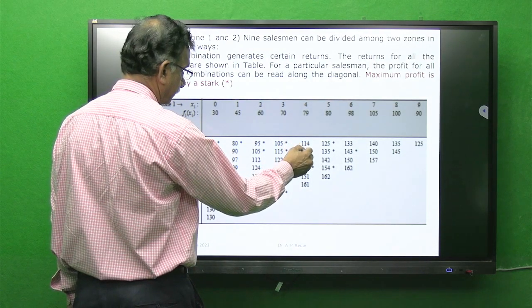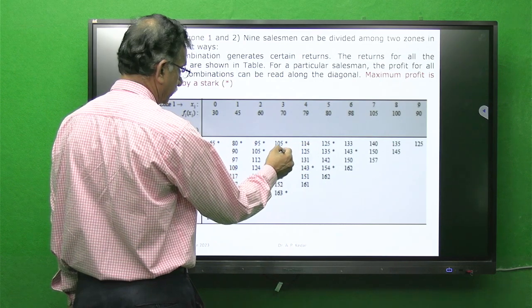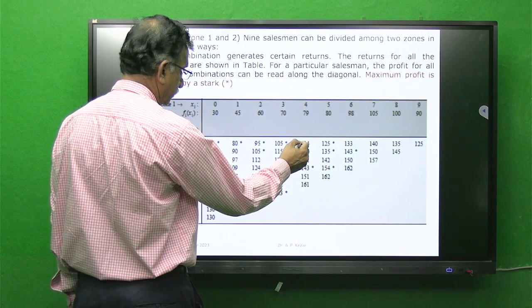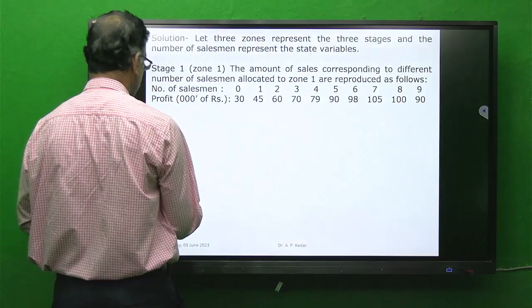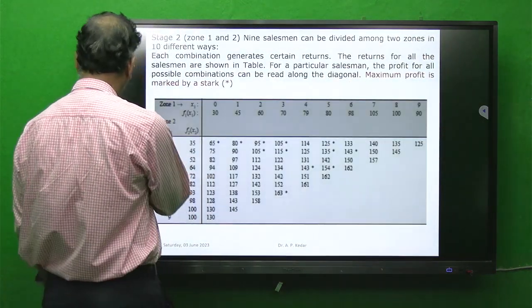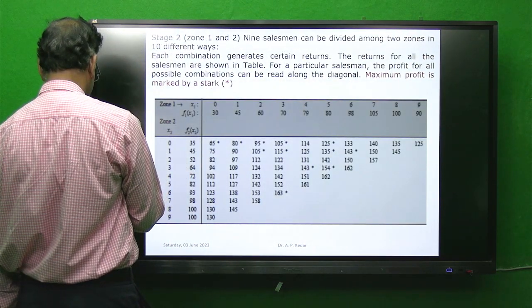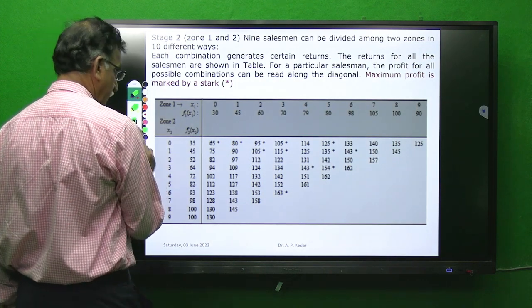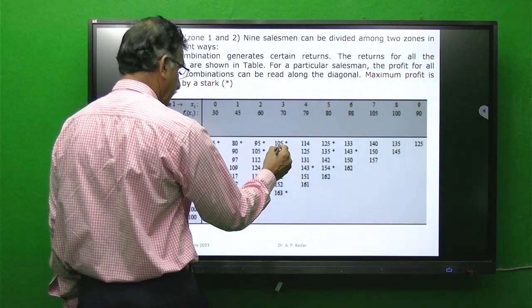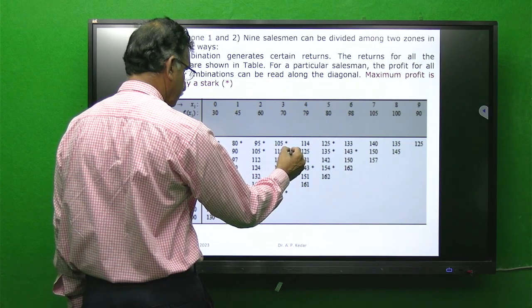For 4, this is your value. For 4, see, the diagonal for 4 looks like this.